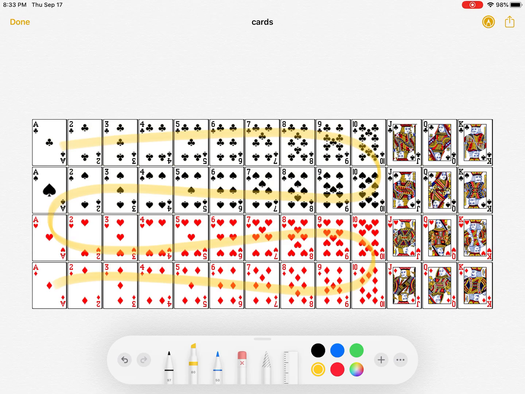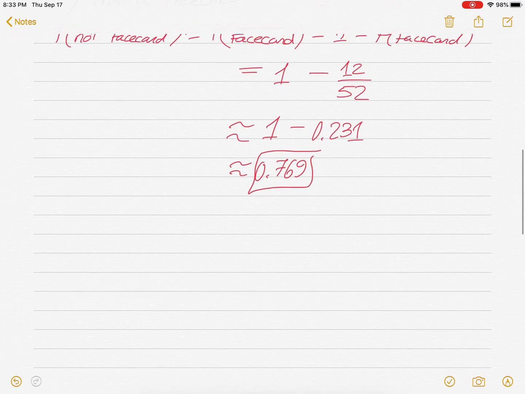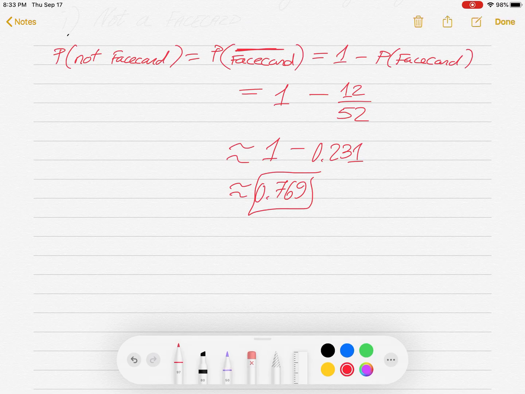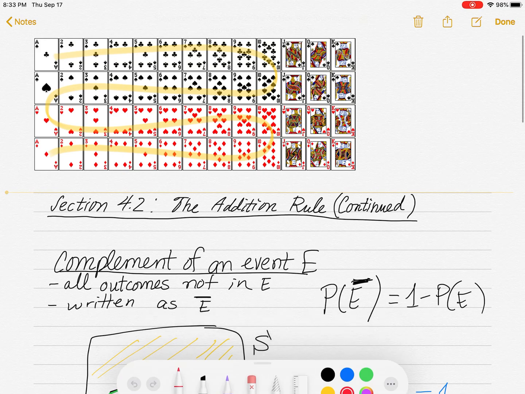And that's going to be out of 52. Let's just write that down. 40 out of 52, that's the other way to do it. 40 divided by 52, and you get the same thing, right? You get 0.679. So you could do it directly that way, but sometimes it's useful to use the complement. All right, let me go back and erase that.